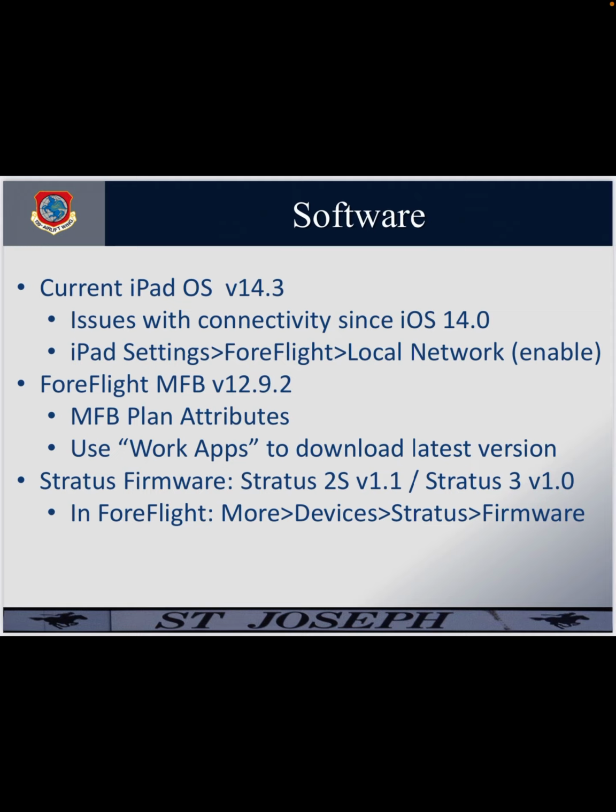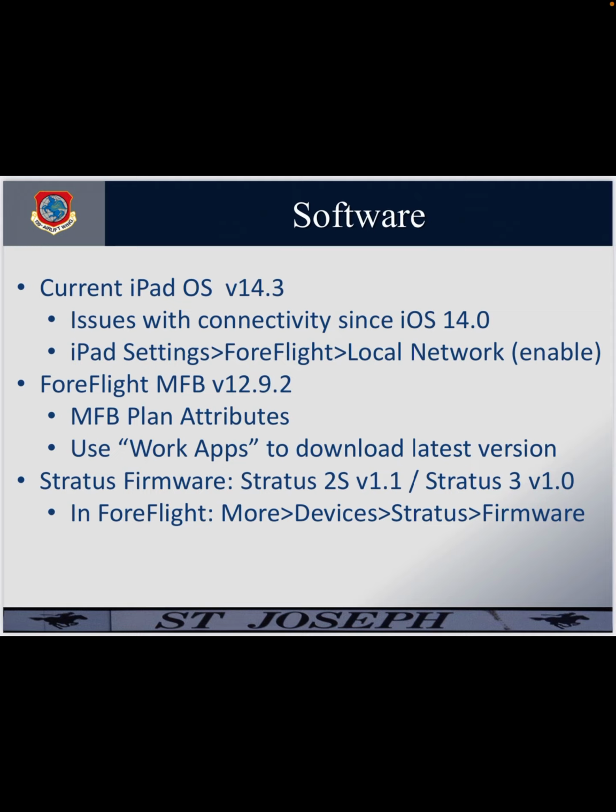So iOS 14 launched back in September, and since then a lot of people have seen issues with their Stratus not wanting to communicate with their iPad. So we've all seen settings for GPS locations and tracking information that have been coming up for the past few years, but iOS 14 took it a little bit farther and started to restrict which apps can connect to a local network.